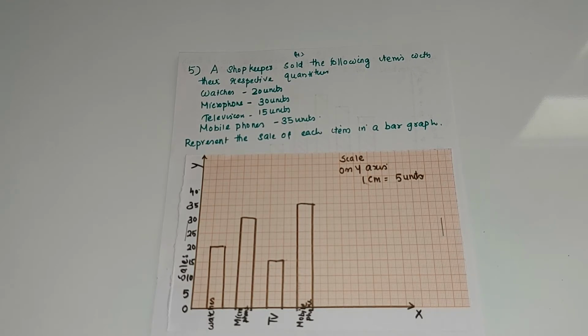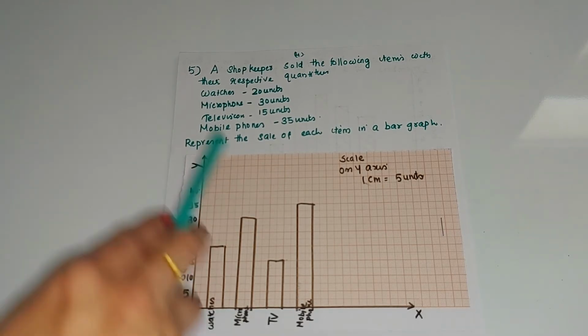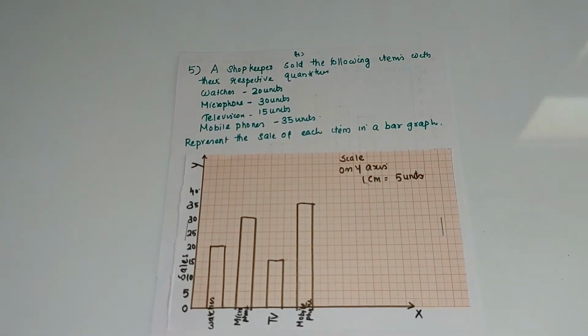Now the fifth one. A shopkeeper sold the following items with their respective quantities: watches 20 units, microphone 30 units, television 15 units, mobile phone 35 units. Represent the sale of each item in a bar graph. So draw a bar graph. In the x-axis we write the items, and in the y-axis it is sale.